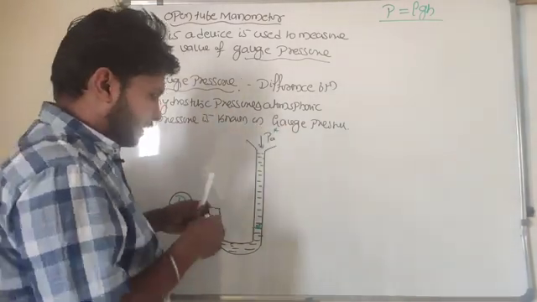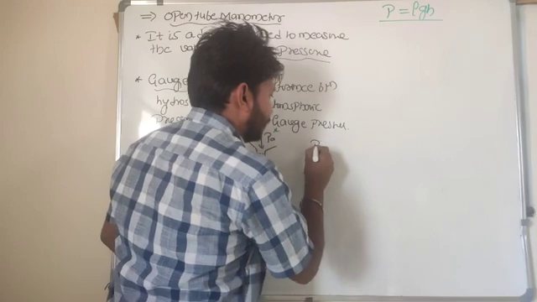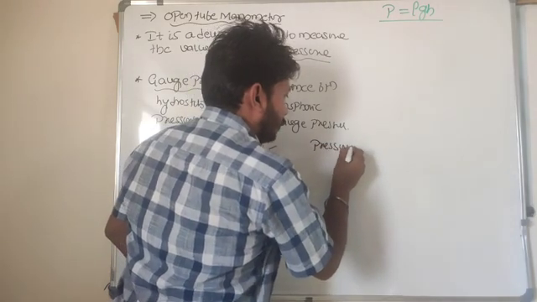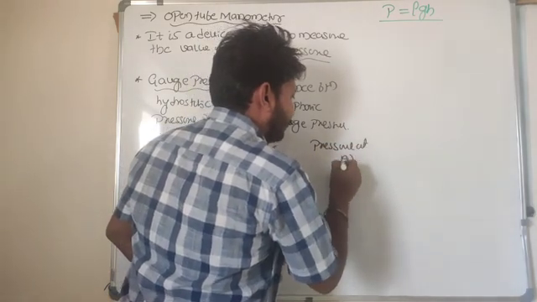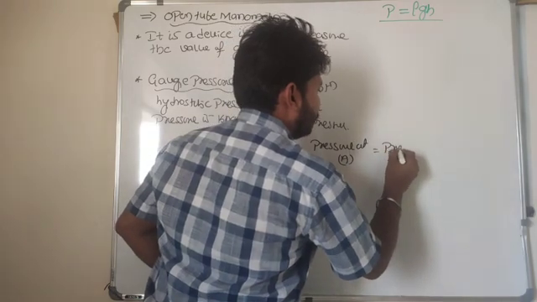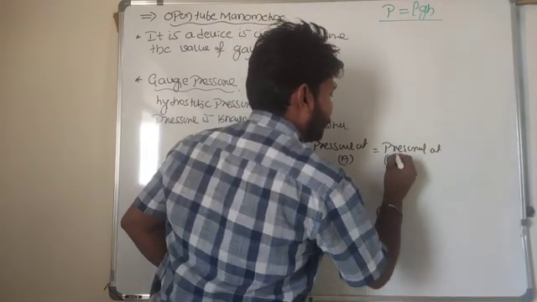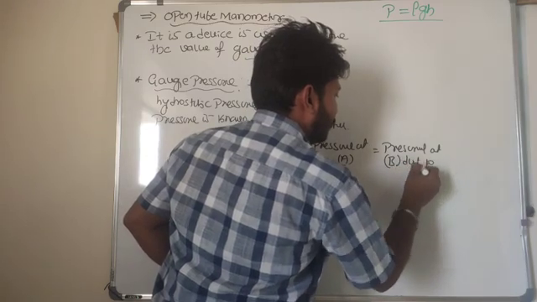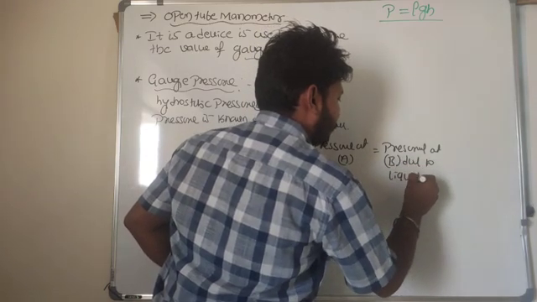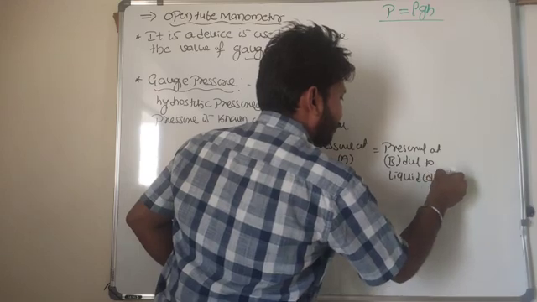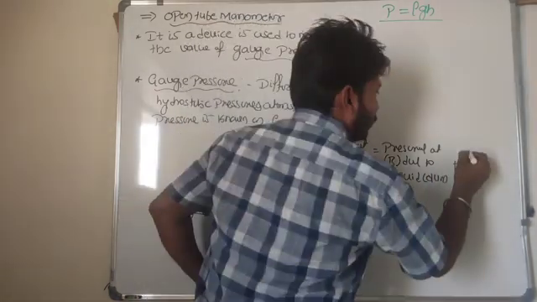So pressure at A is equal to the sum of pressure at B due to the liquid column plus atmospheric pressure.